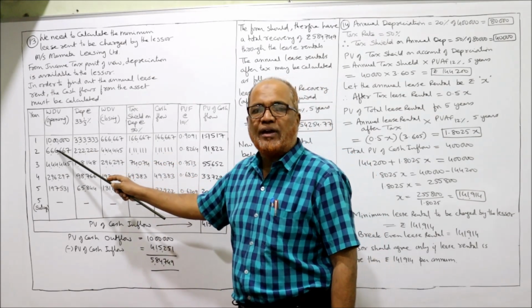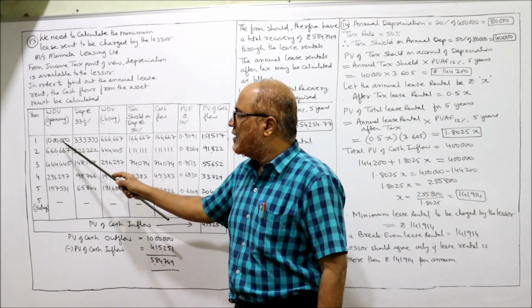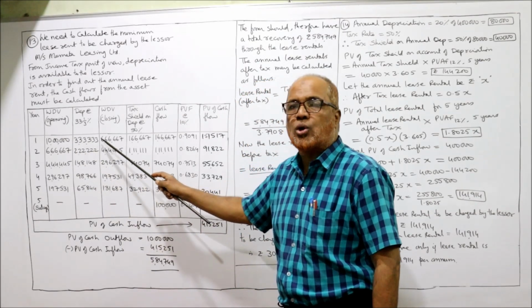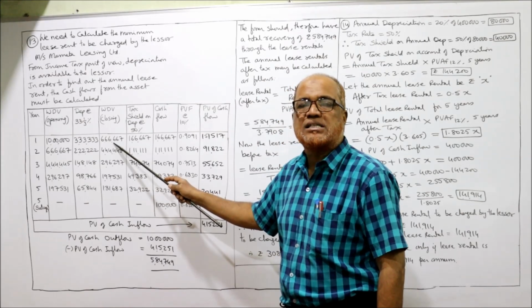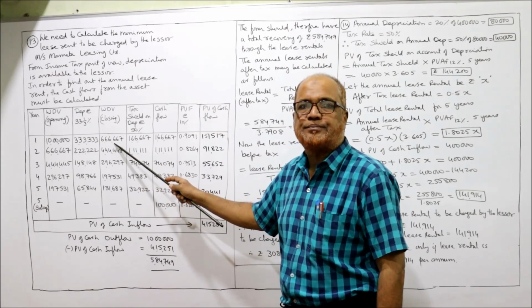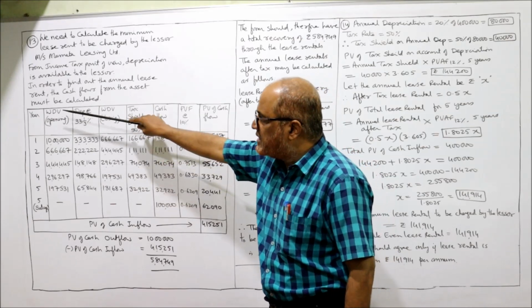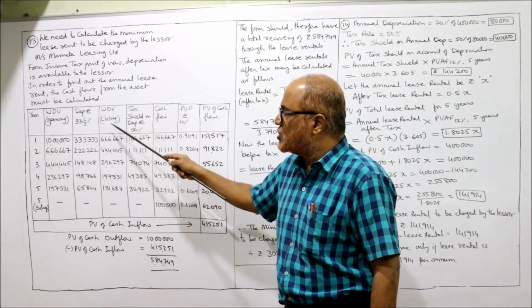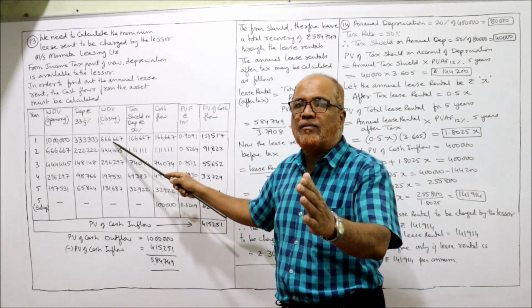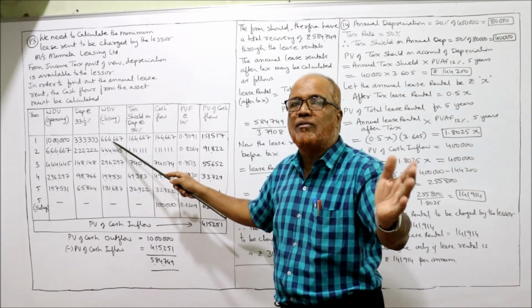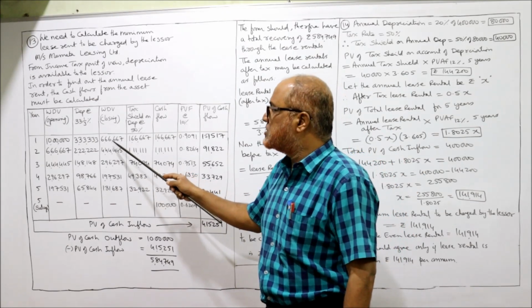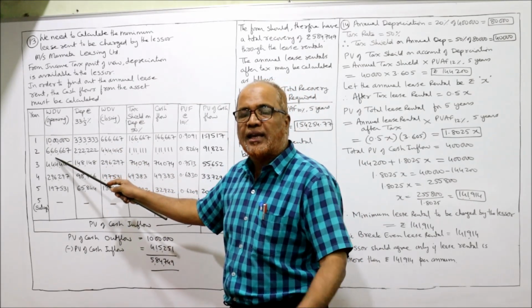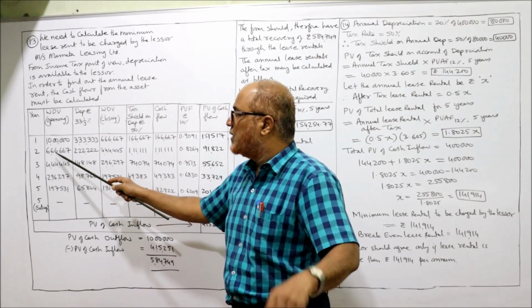Opening WDV minus depreciation. 10 lakh minus 3,33,333, you will get the closing WDV 6,66,667. First we complete these 3 columns, then we'll go to the next column. The closing WDV of first year will become opening WDV for the second year. Now 6,66,667 will become second year beginning. Now again calculate 1/3.